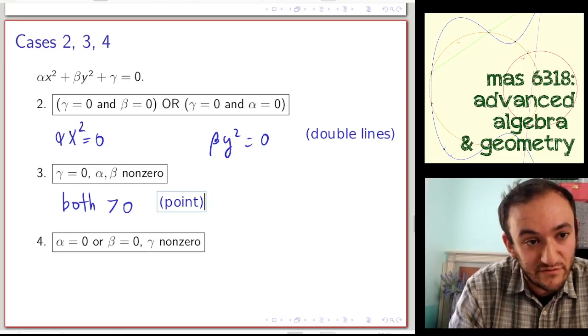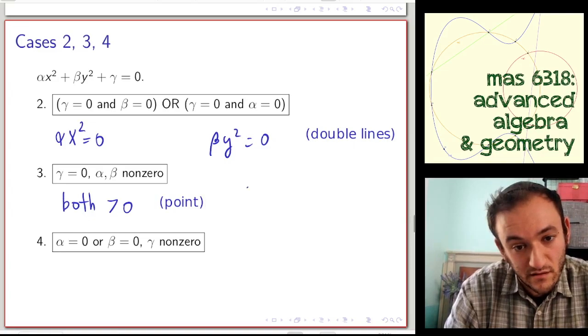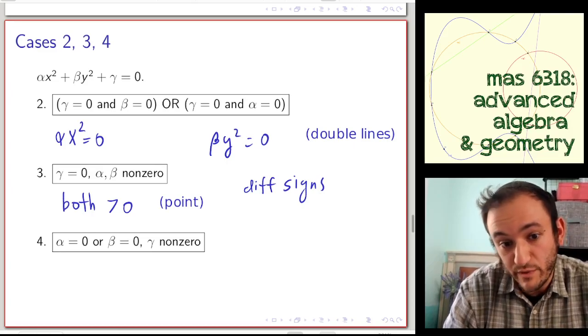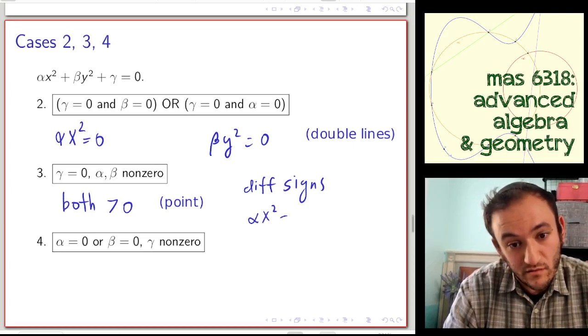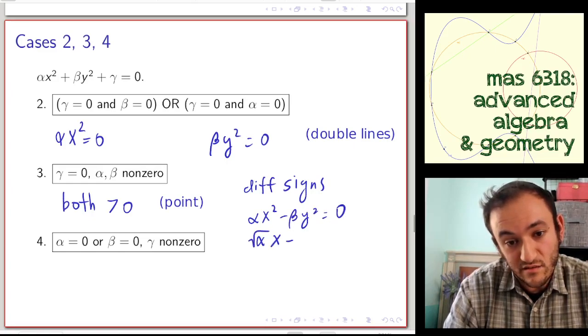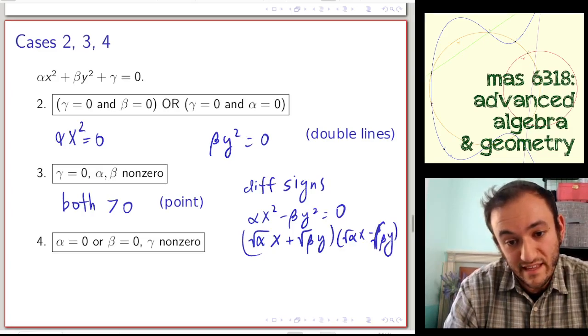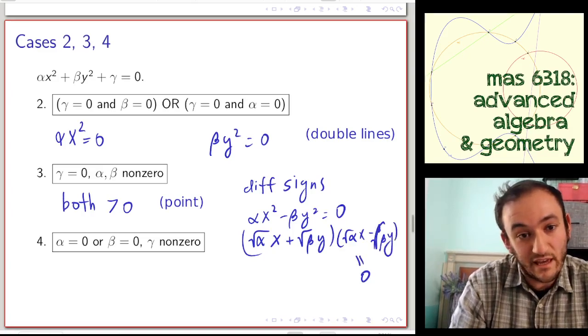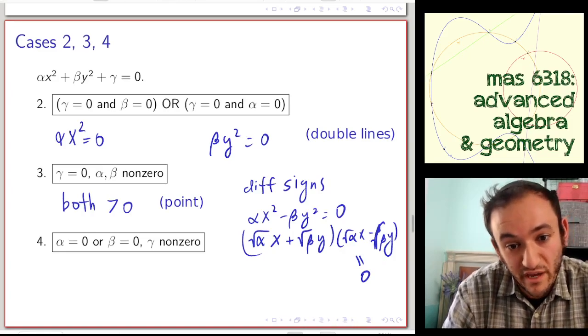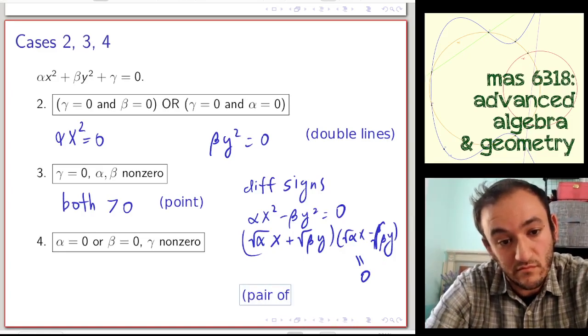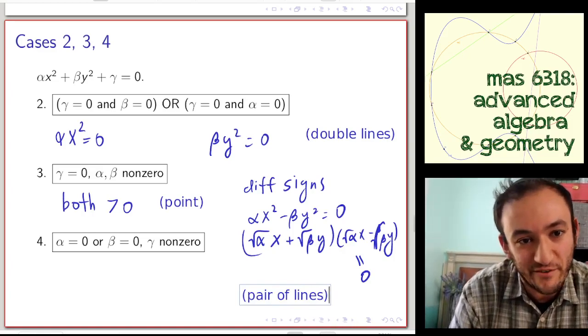If they have different signs, then we're looking at a difference of squares, which we can factor: root alpha x plus root beta y times root alpha x minus root beta y, set equal to 0. That gives you a pair of two different lines. So we're covering all of our degenerate conics.